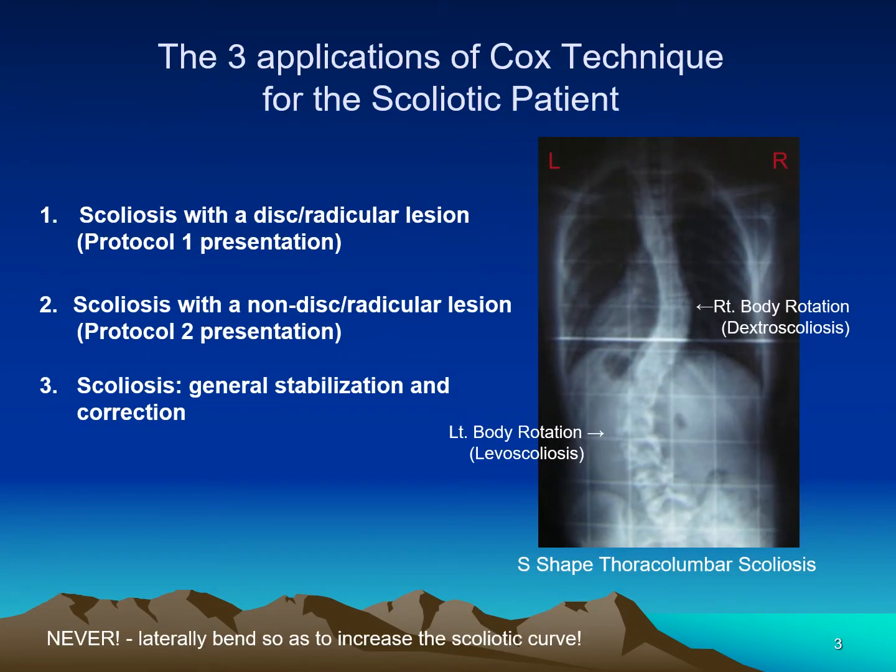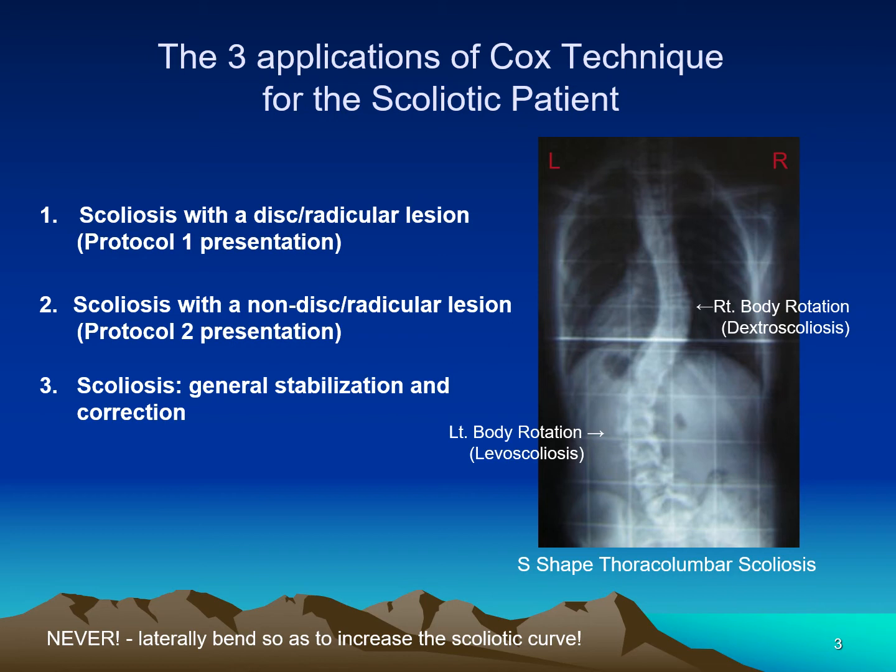All right, so there's three applications for Cox technique in the scoliotic patient, and they all have their own little caveat associated with them. Number one is a patient who presents to your office with a disc disorder with a radicular lesion, obviously placing them into a Protocol 1 presentation.